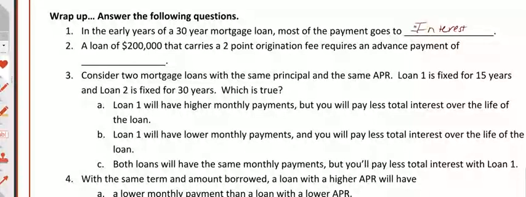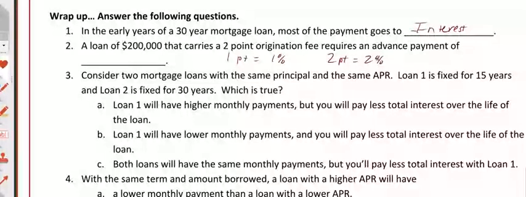Okay, if we have a loan of $200,000 that carries a 2-point origination fee, how much money is that going to be as an advance payment? Remember, we said 1 point was equal to 1% of the loan. So it would make sense that 2 points is equal to 2% of the loan.